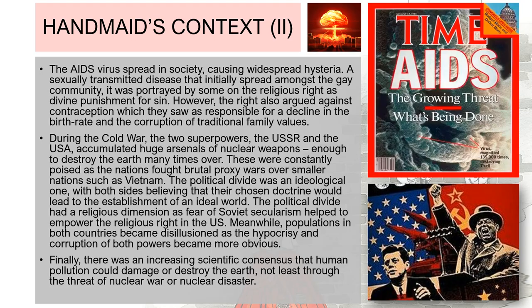which was seized upon as a piece of political opportunism by those who were ideologically opposed to that kind of sexual freedom. Those on the right also opposed contraception because they opposed any kind of sexual freedom, and they saw contraception as being responsible for a decline in birth rate and the corruption of traditional family values, because if you can take the pill, then I guess you can sleep around, which is something that they saw as a form of moral corruption in society.